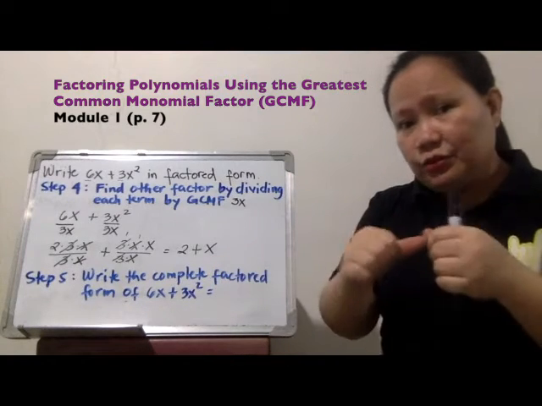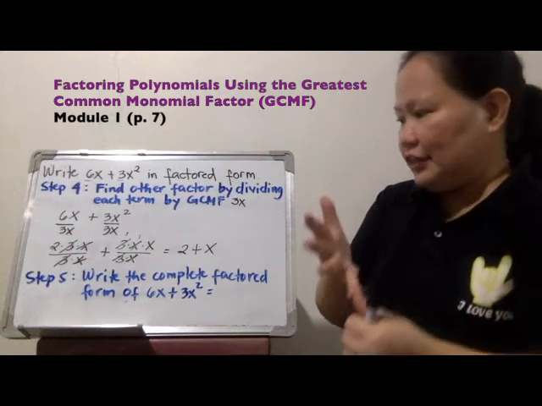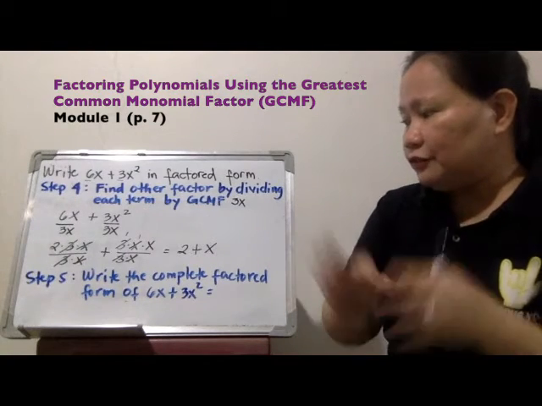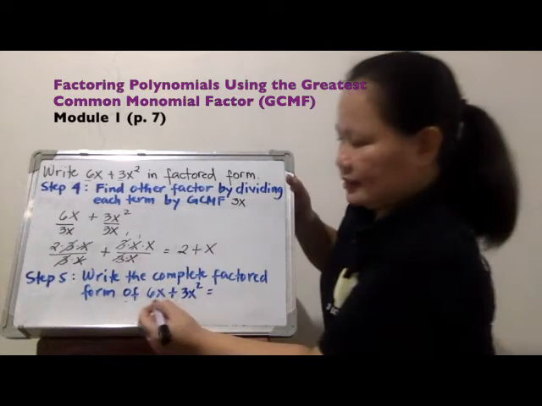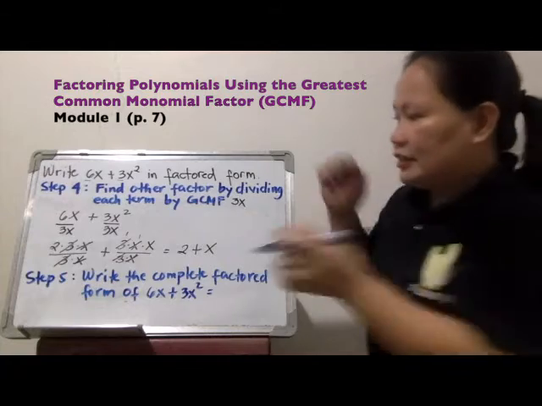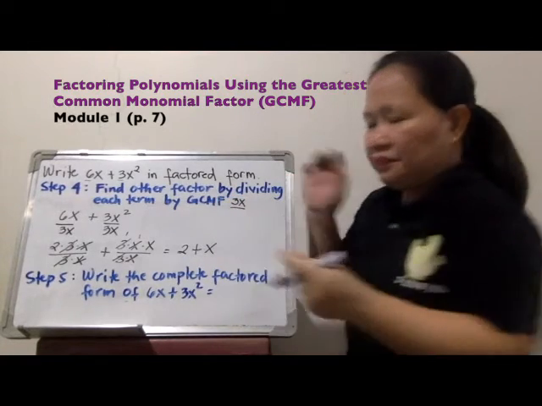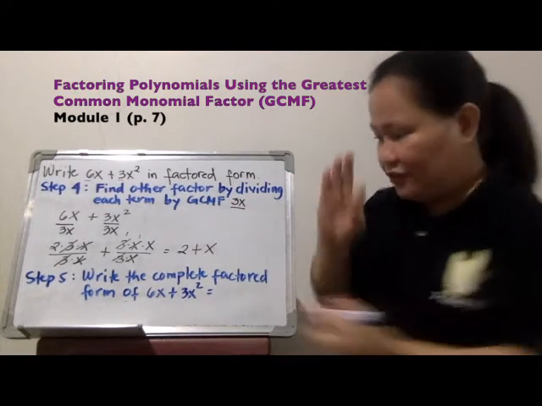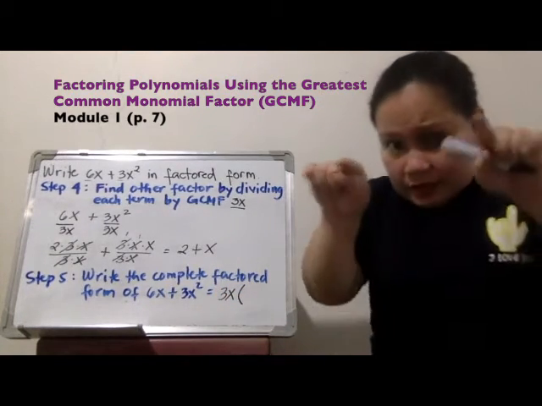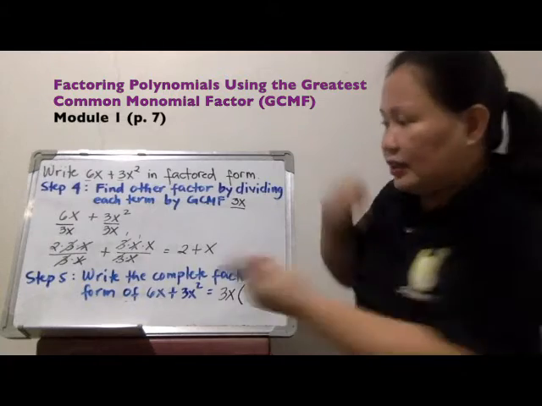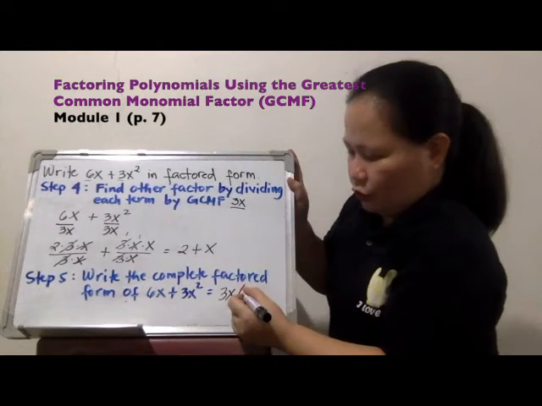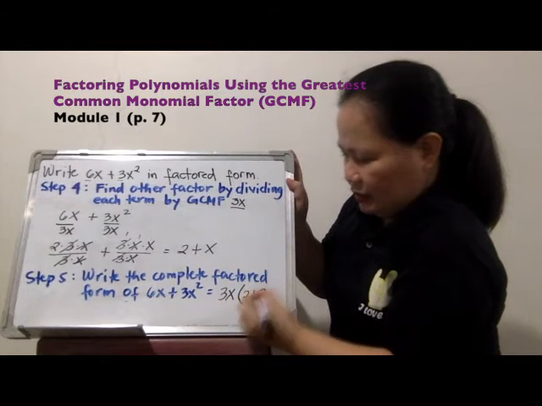So let's continue with step number 5. Write the complete factored form of 6x plus 3x squared. So it's just simple. Just copy the GCMF 3x and multiply it with the other factor here, 2 plus x.